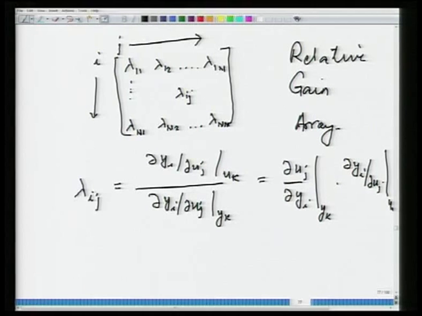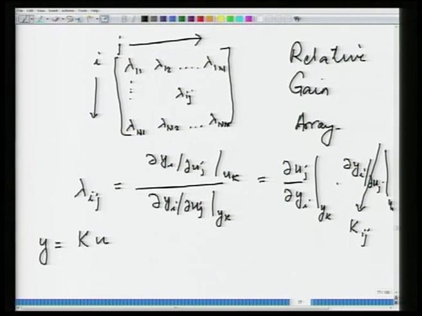Now, this is the open loop gain k ij, where my open loop steady state equation is y is equal to k times u.